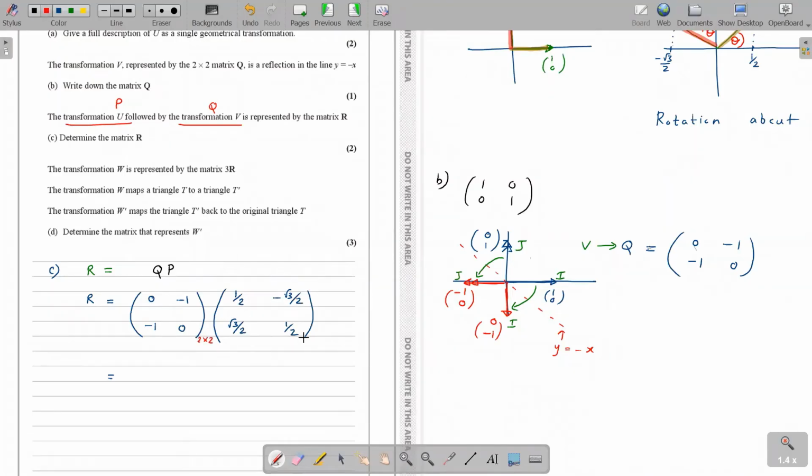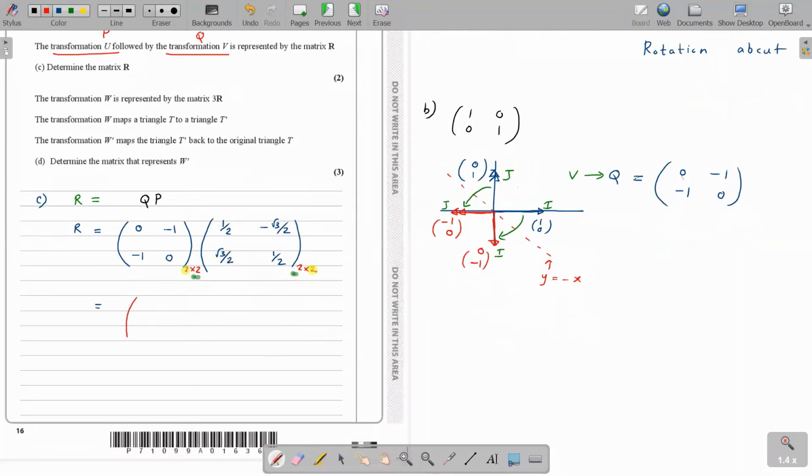This is a 2 by 2 matrix. So what's the resulting matrix? The resulting matrix is also a 2 by 2 matrix, and I have told you how to get it, right?